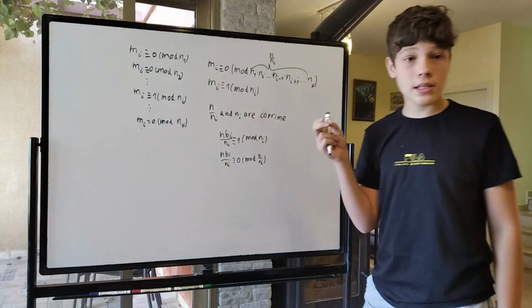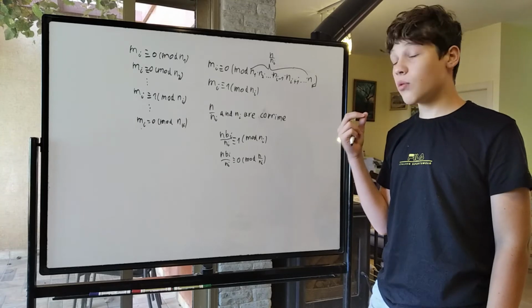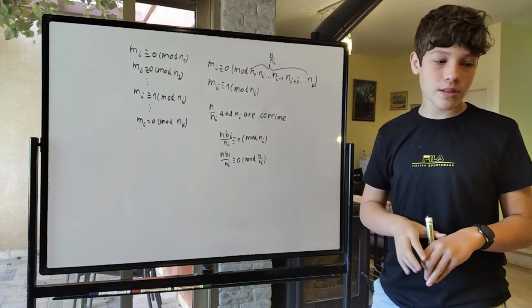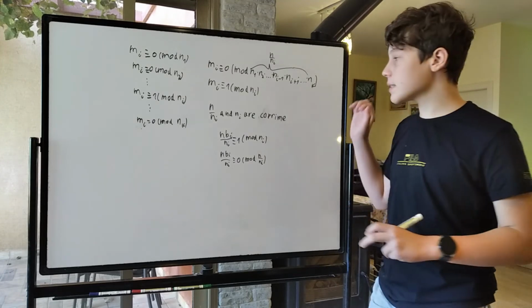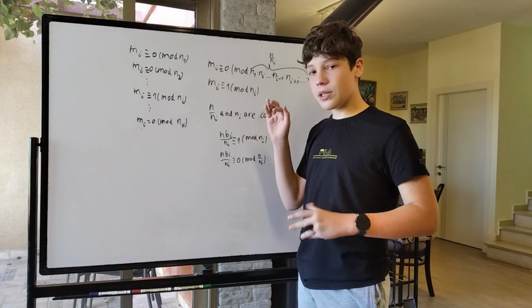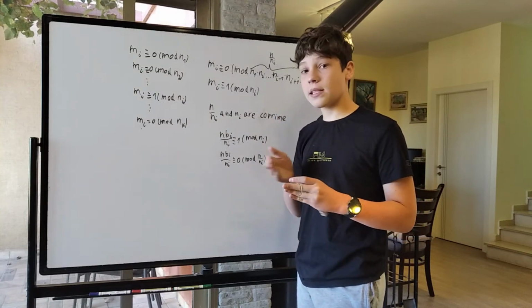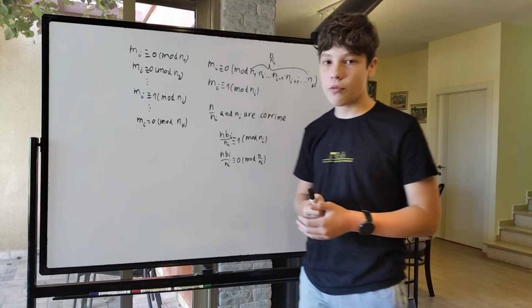Now we will use it to show that x exists, the original x. So again, let's clean the board and do that, and then we'll only need to prove uniqueness for x mod n, and then that will finish off the proof.